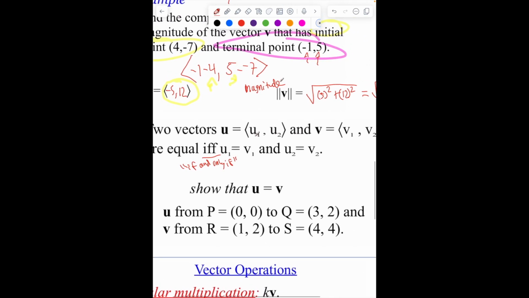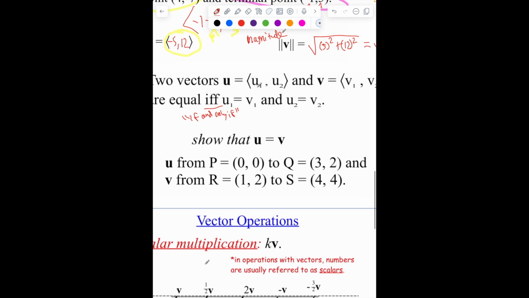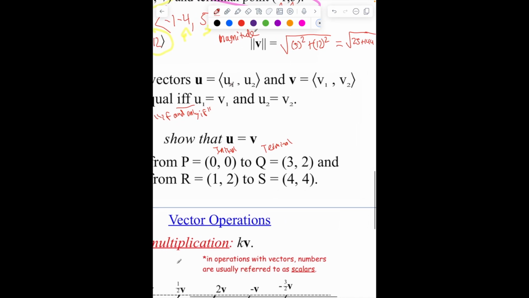Show that u equals v, all right? So looking at just u, I have an initial point, because it says from, and then my terminal or my endpoint right here.